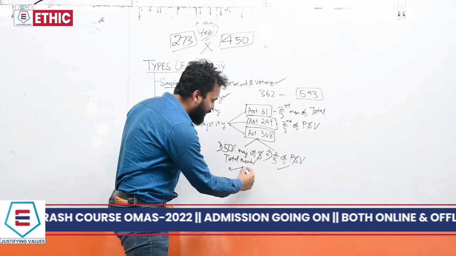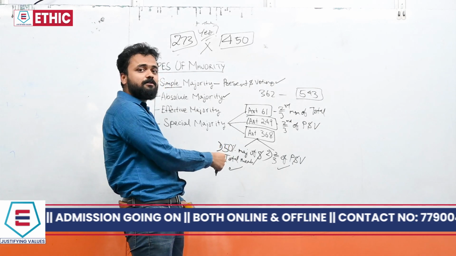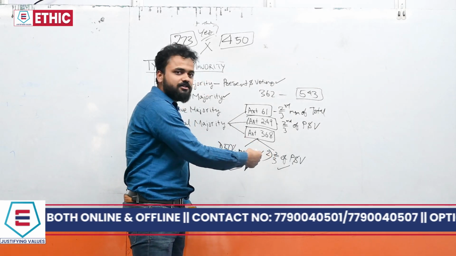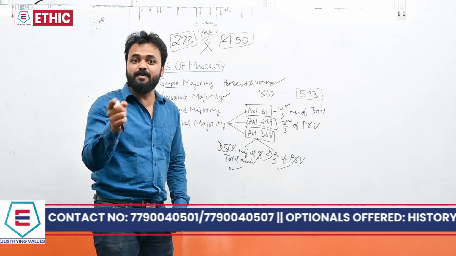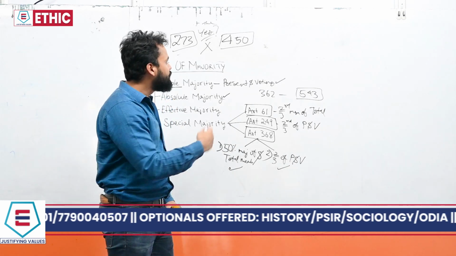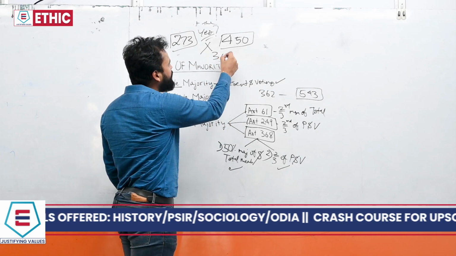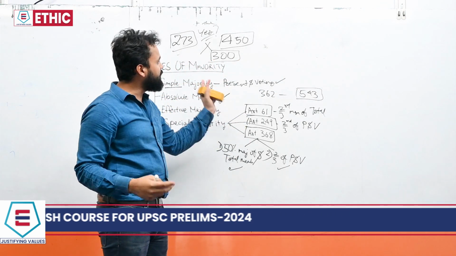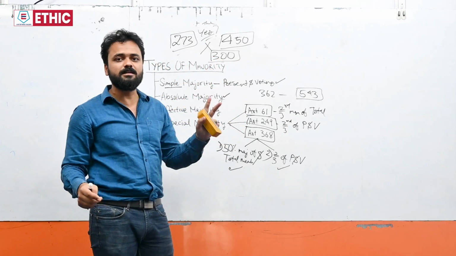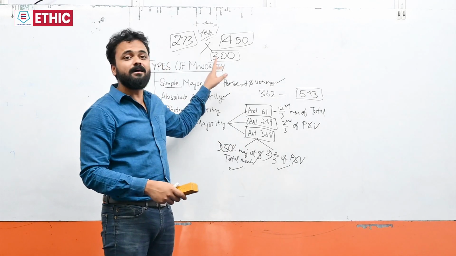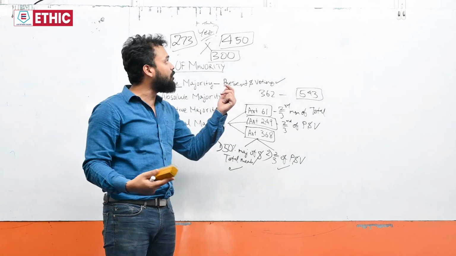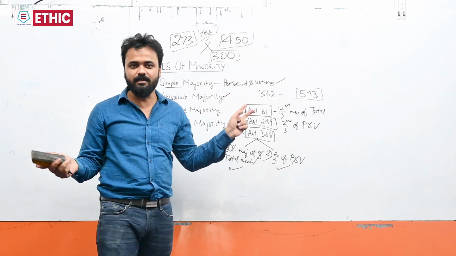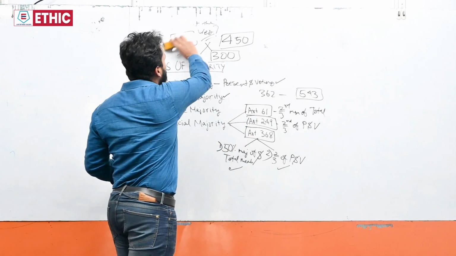Because here only one condition is getting fulfilled, that is 50% of total membership. The other condition, that is 2/3 of members present and voting, is not getting fulfilled. For that we need a minimum of 300 yes. So in a house where 450 members are present and voting, you need a minimum of 300. If you are getting 300, you are automatically reaching the number 273, so that goes without saying.